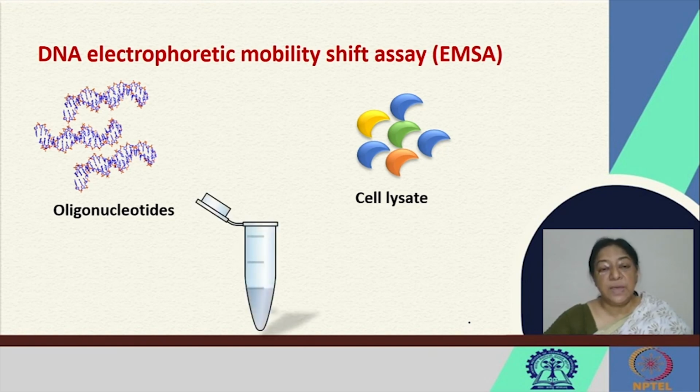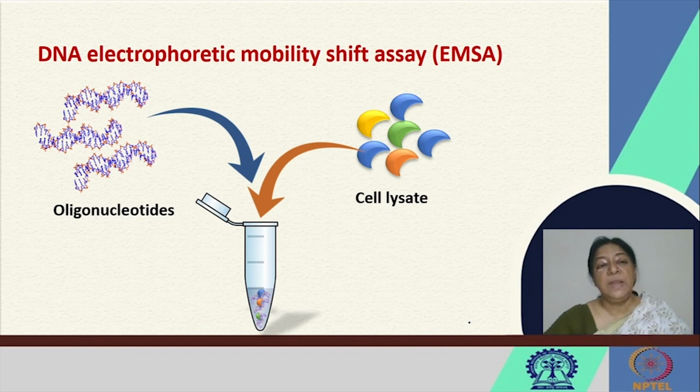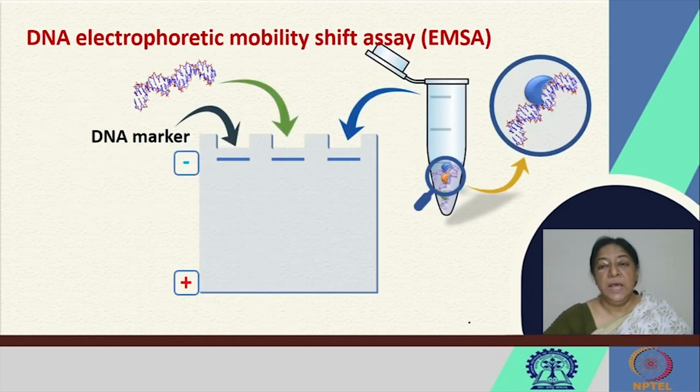These are mixed together in our Eppendorf tube, and given the affinity of the specific protein for DNA, we will have a DNA protein complex formation.